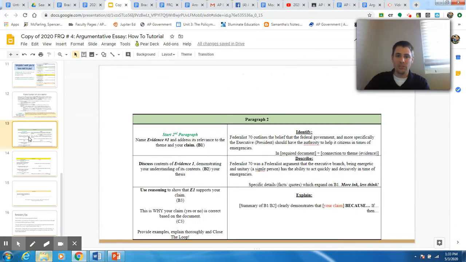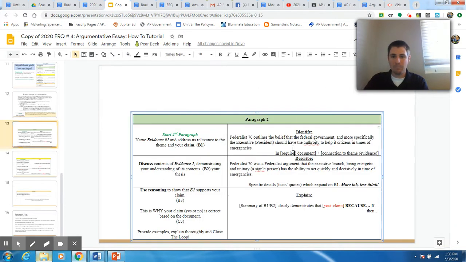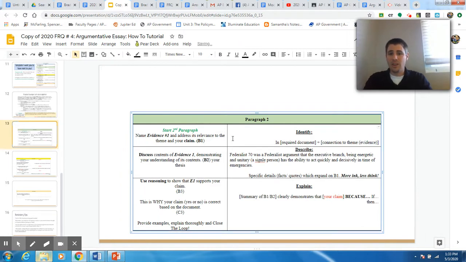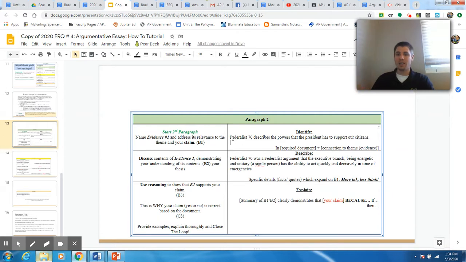So let's just go. Second paragraph, kind of creating this on the spot. Let's identify. Federalist 70 describes the powers that the president has to support our citizens. Boom, I identified what the document is.